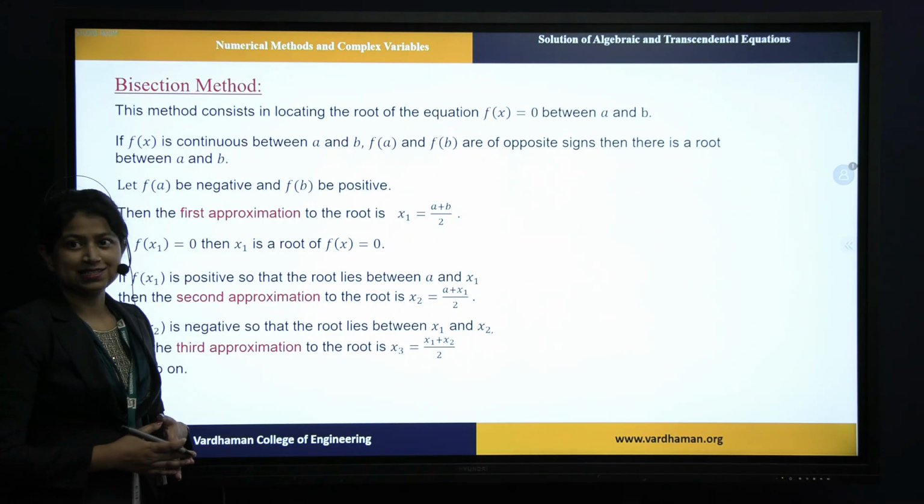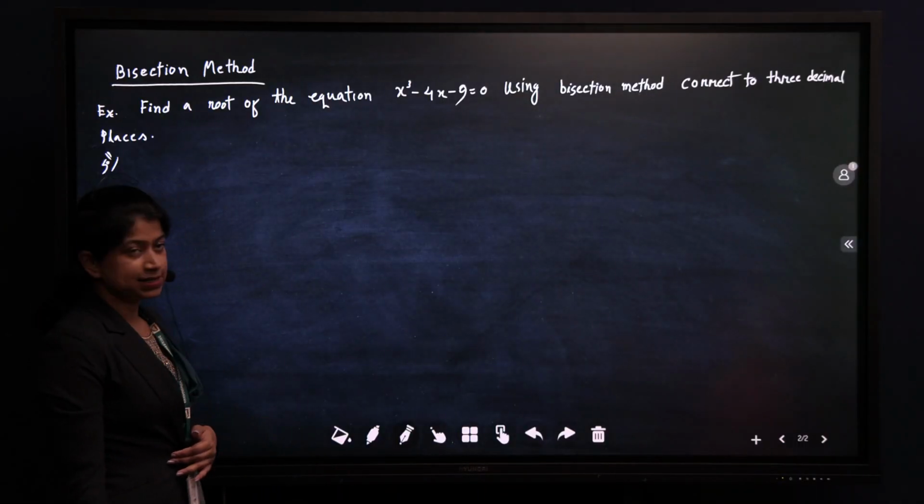Now let us look at an example problem on the bisection method.